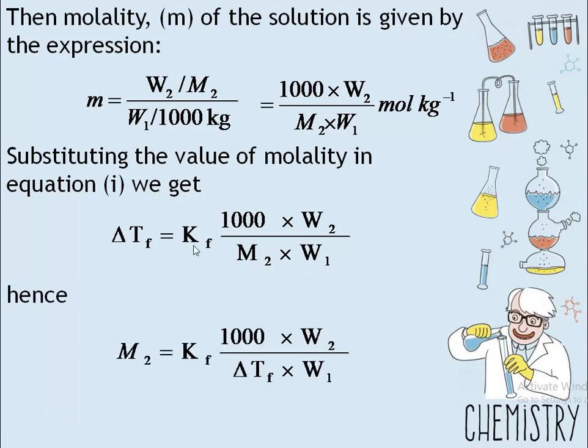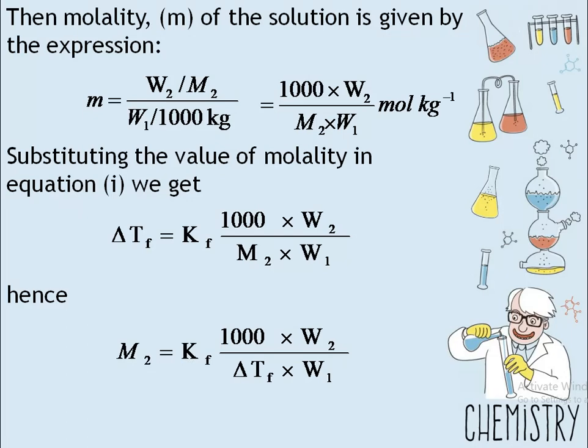So molar mass of solute is equal to Kf into 1000 into W2 divided by delta Tf into W1. So we can find the molar mass of a solute if we have the weight of the solute, weight of the solvent, value of delta Tf and value of Kf.